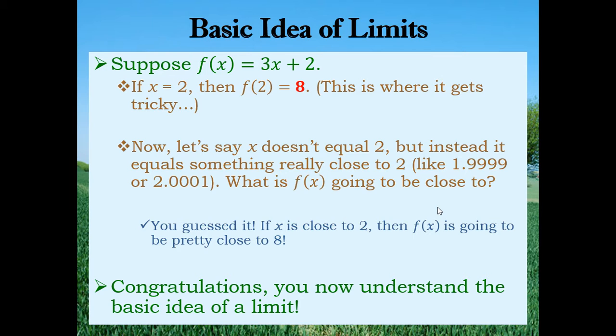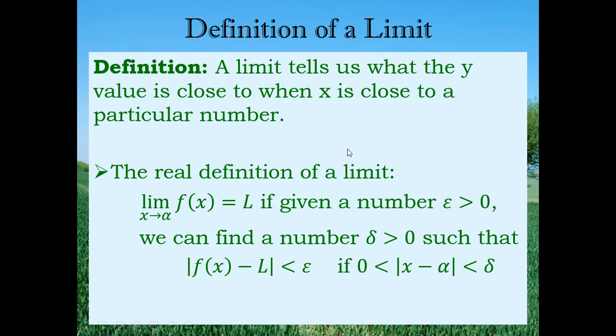Now, that's the basic idea of a limit: what does the function look like as we get closer and closer and closer to the x value? What does the f of x value look like? So a limit tells us what the y value is close to when x is close to a particular number. So if I have some input and it's getting closer and closer to a certain number, well, what's the output getting closer and closer to?